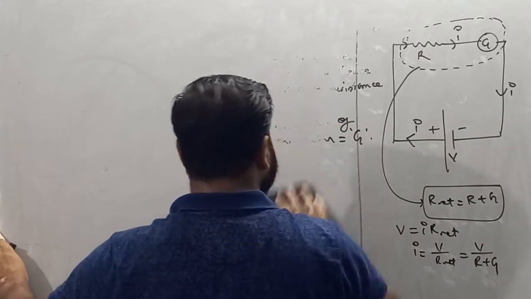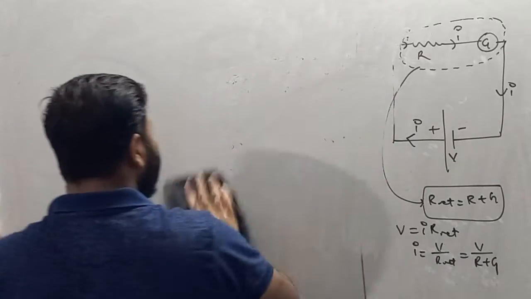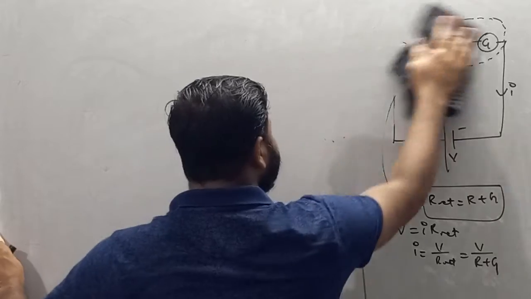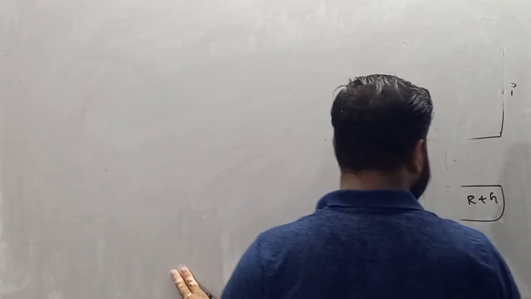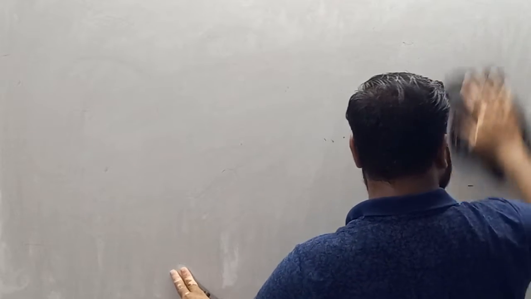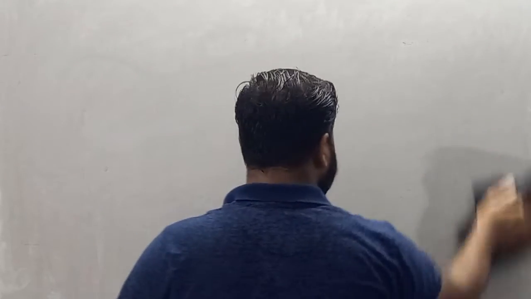If we connect the galvanometer in a circuit to measure the current, due to its own resistance the resistance of the circuit increases and hence current decreases. So the value of actual current cannot be detected by the galvanometer. So I hope you all understand all about the galvanometer.